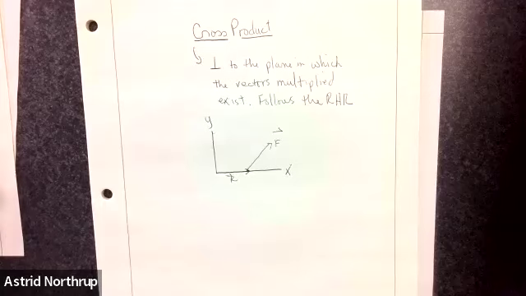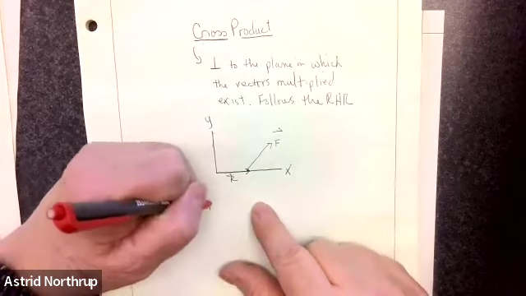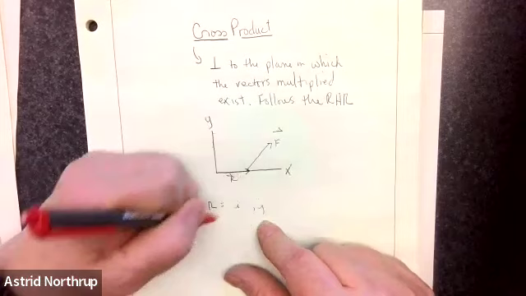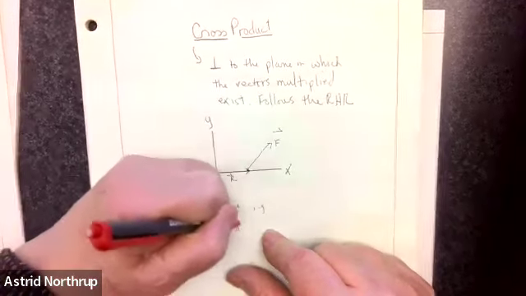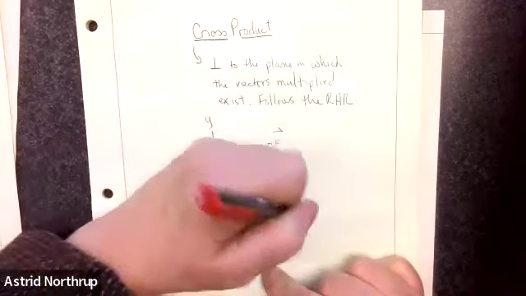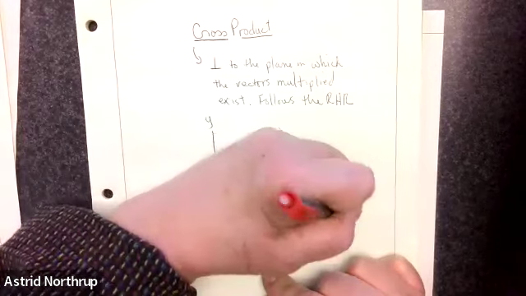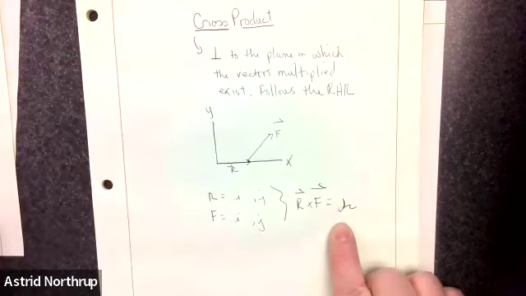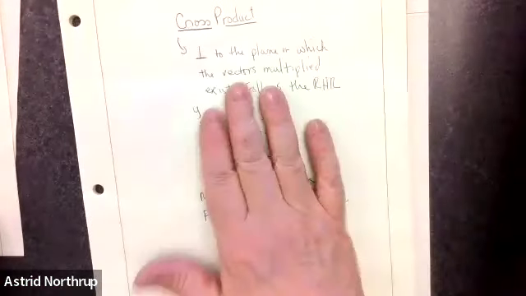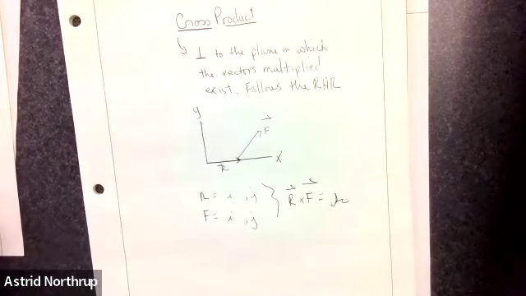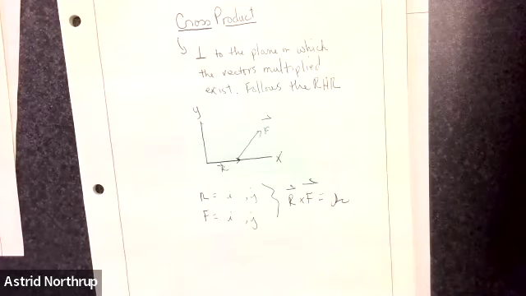What that means is that if R is purely I and J, and if F is purely I and J, their cross product, R cross F, will be purely K. So in 2 dimensions, the only dimension either into or out of the page is the Z direction, which has the unit vector K associated with it.